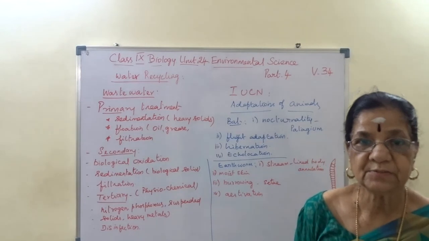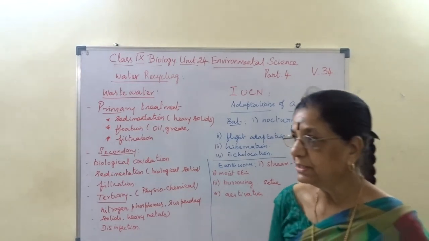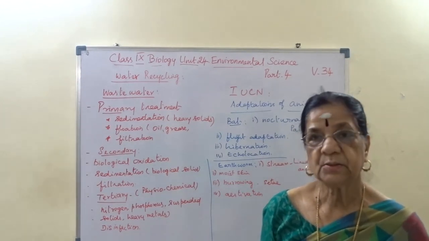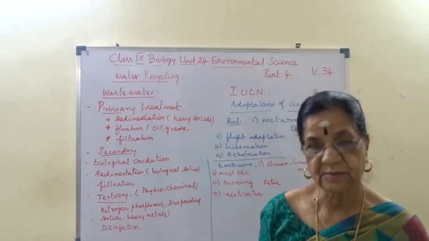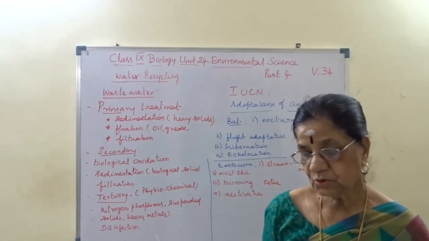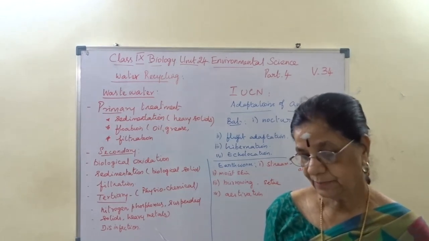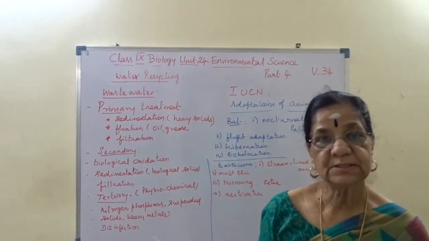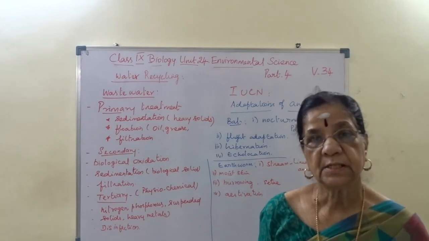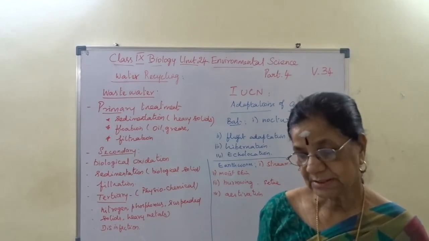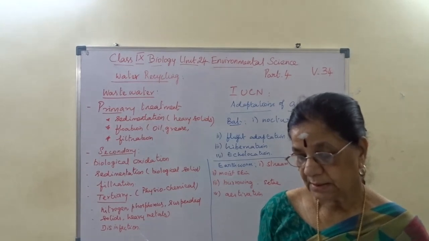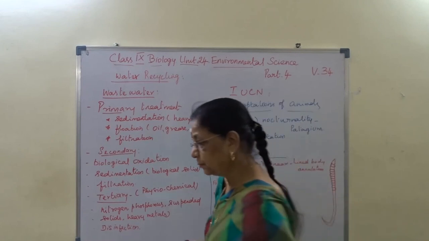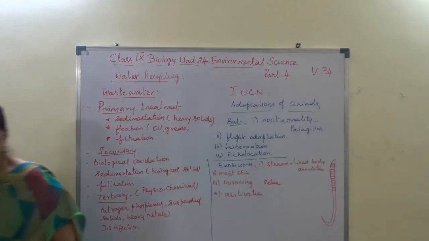In the same way, in earthworms also, when the soil becomes dry or too hot, it undergoes estivation. The earthworm moves deeper into the soil. It secretes mucus and lowers its metabolic rate in order to reduce water loss. They remain dormant until conditions become favorable, and they come out of their burrows during the rainy season.